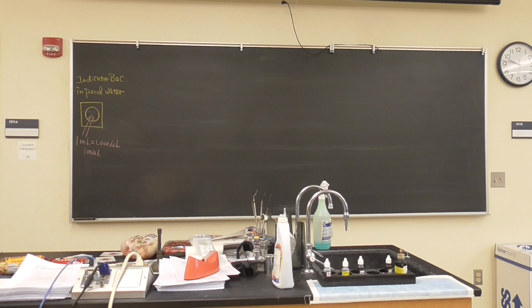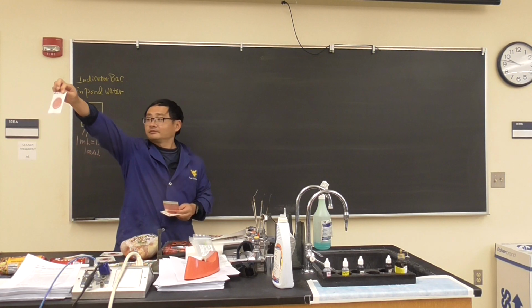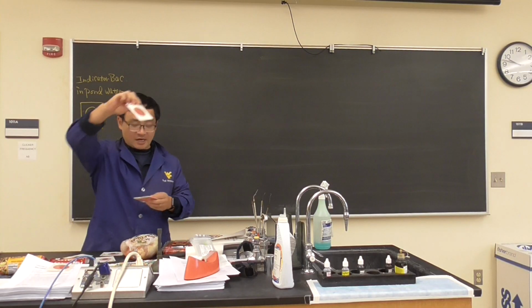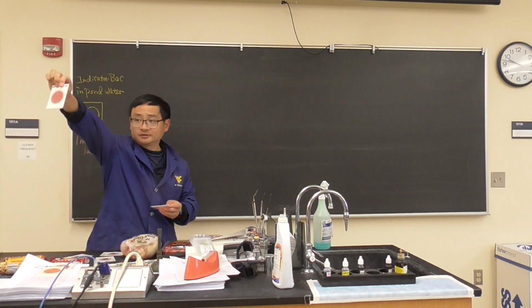There are some people right here who did it really well. So we want to do this one. I'll just follow these, okay? These are good examples of what it looks like. Is that right? That looks good. That looks good.